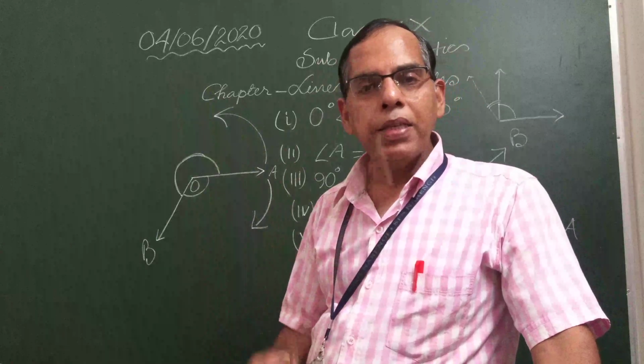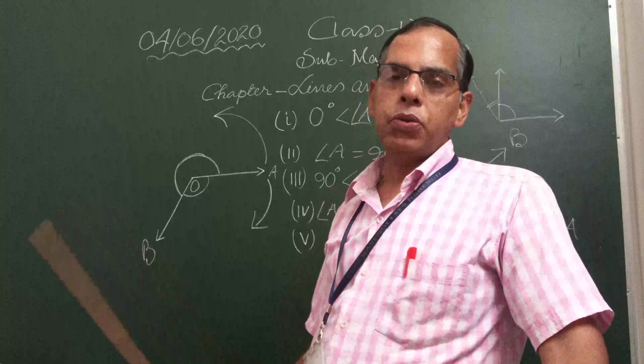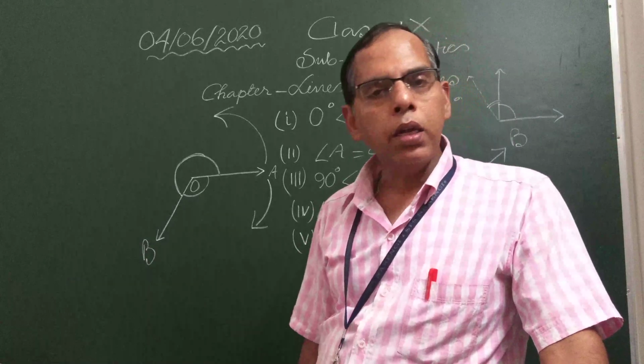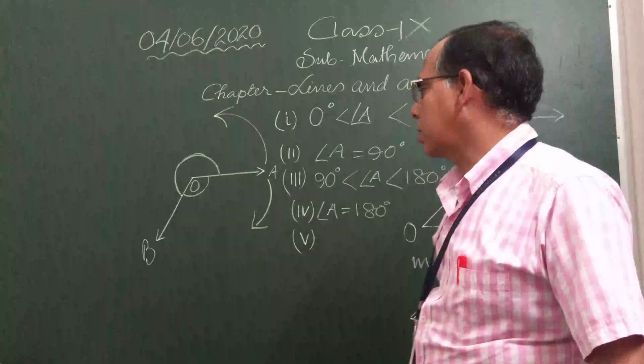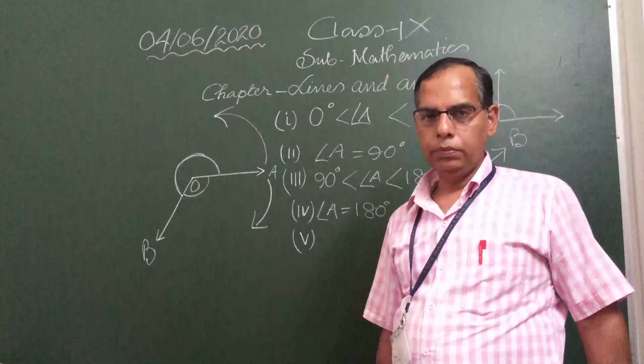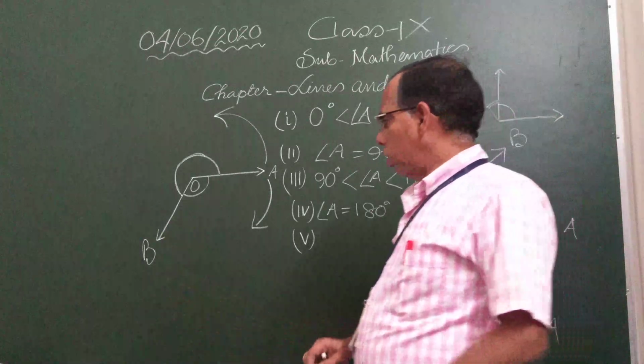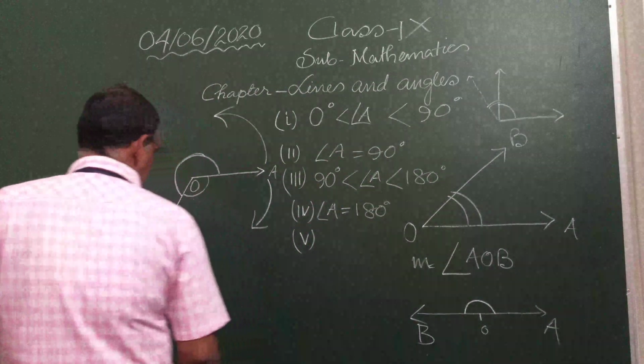So if the measurement of an angle is greater than 180 degree but less than 360 degree, then that angle is known as a reflex angle. Clear? So how to write reflex angle?